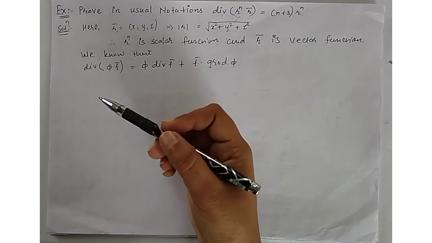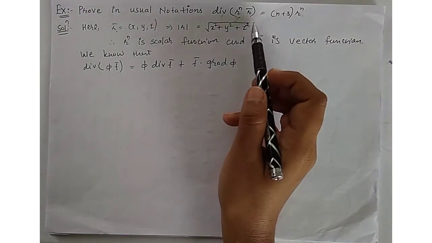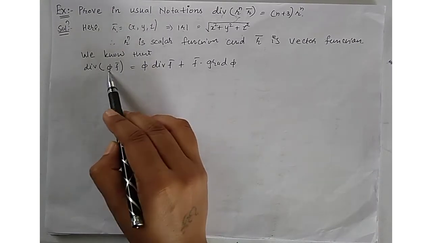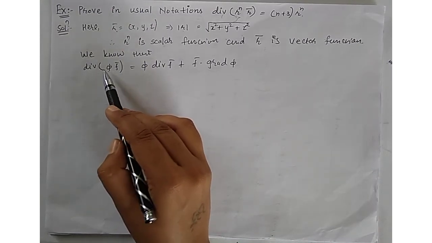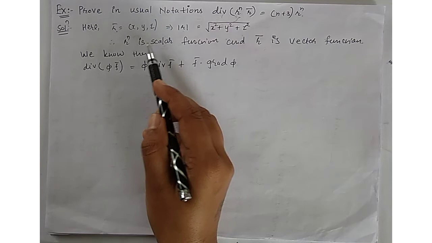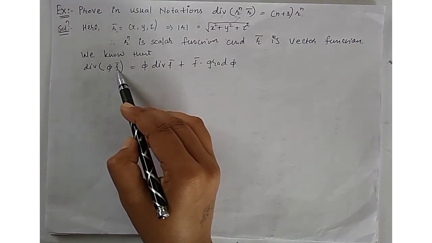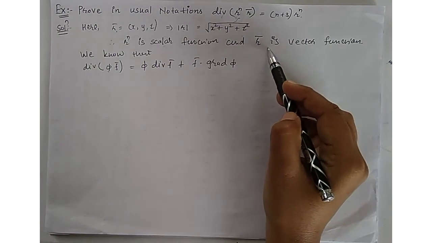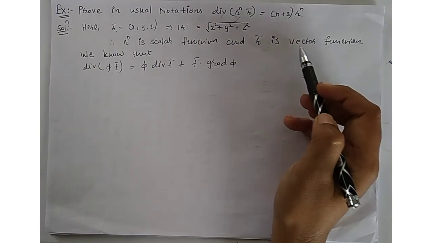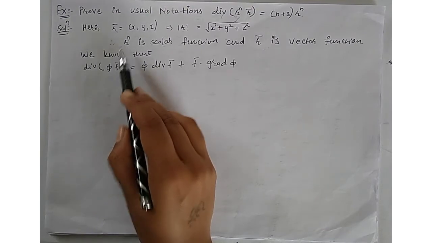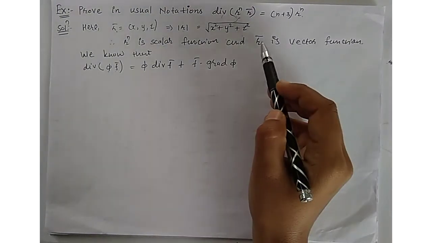So in order to prove this, let us use this result and put phi as the scalar function r to the power n, and f bar as the vector function r bar. So put phi equal to r to the power n and f bar equal to r bar.